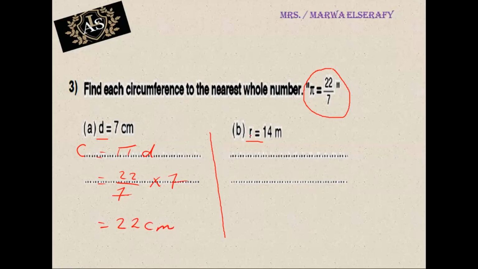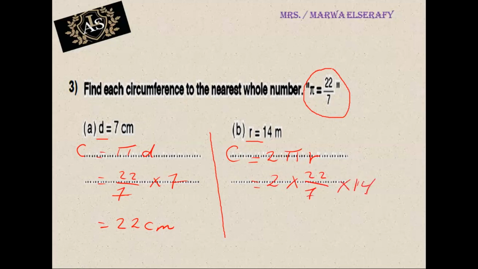In here he gives me the radius, so I will write the rule of the radius. Circumference equals 2 pi r. It will be equal 2 times 22 over 7 times r. R equals what?